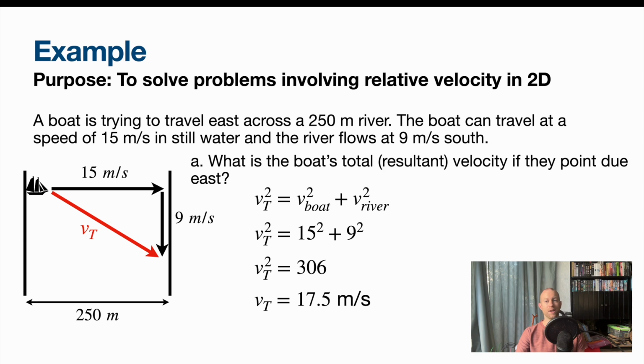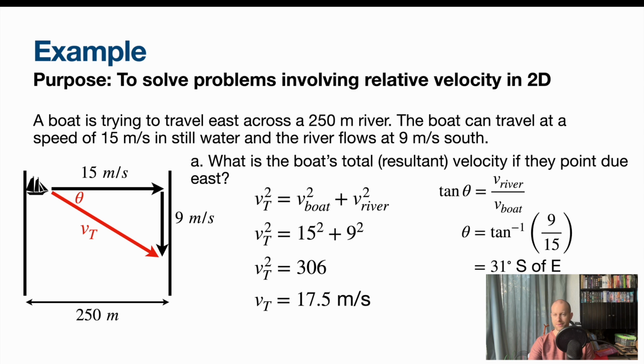Now, velocity is a vector. Since it's a vector, I need to include direction as well. I cannot just give a number, I need to have direction. But this isn't a problem either. I'm just going to use tangent. So tan is opposite, which is the velocity of the river, over adjacent, which is the velocity of the boat. Plug in numbers, south of east.